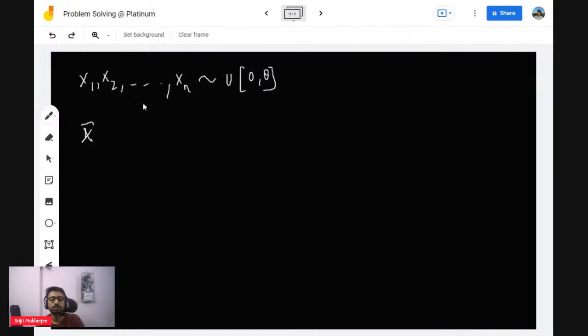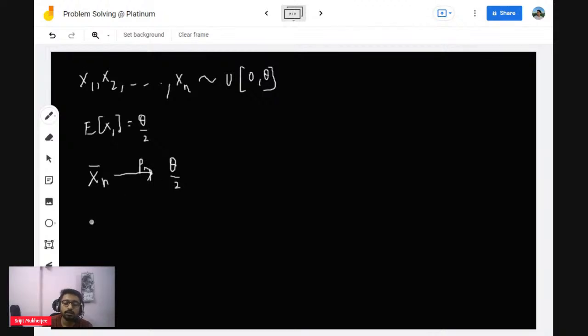What is the mean of this distribution? Theta by 2. So by the weak law of large numbers, Xn bar converges in probability to theta by 2, right?